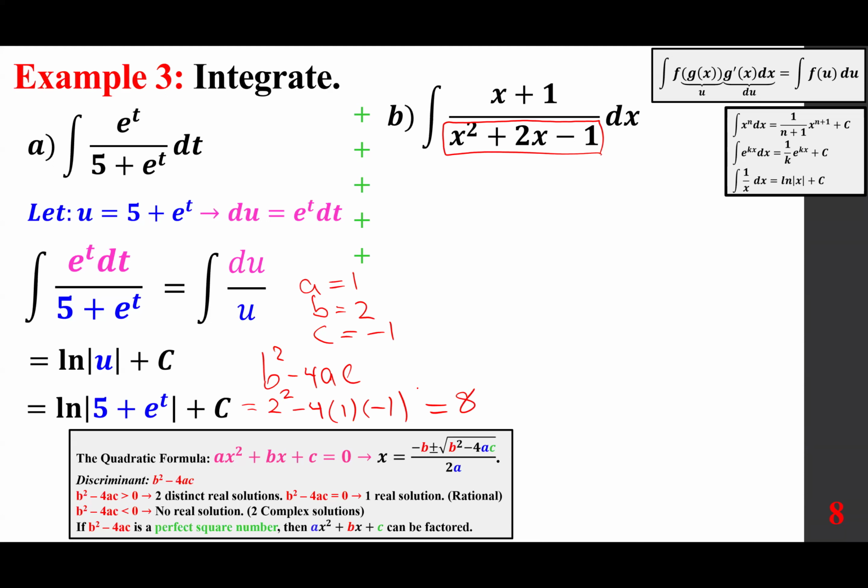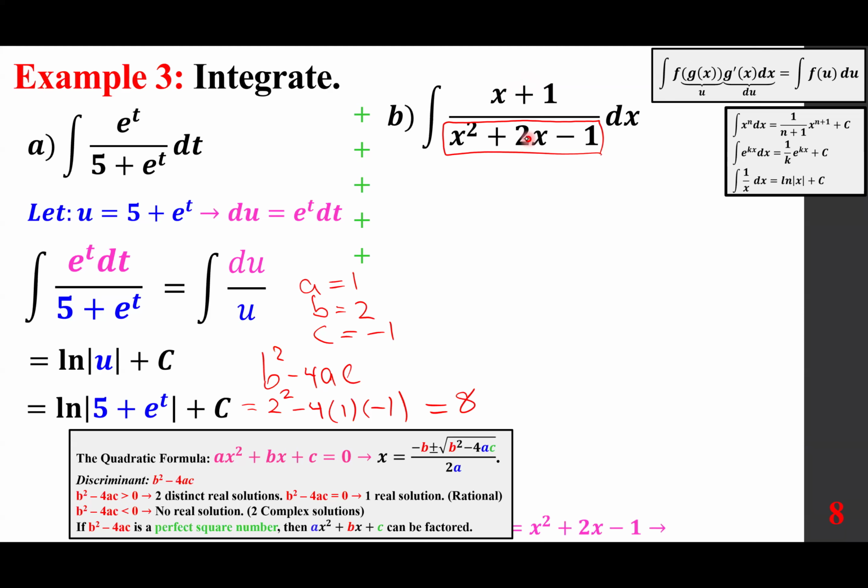Is 8 a perfect square number? No, therefore it can't be factored. Now, even if we can factor, it has to have a factor of x plus 1, so it can be simplified. So even if it can be factored and it doesn't have x plus 1 as a factor, there is nothing we can do. Therefore, pay attention to both cases that I just mentioned.